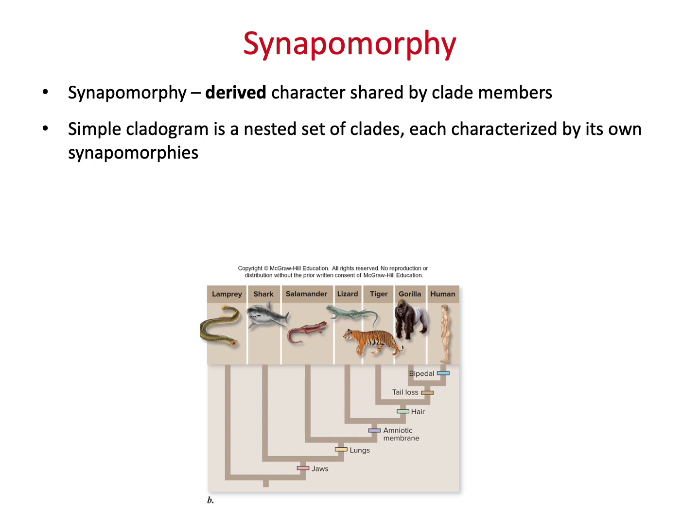So this character, amniotic membrane, is shared by tiger, gorilla, and humans, and that is called a synapomorphy of that clade. You can take another example. You can see hair, which is here, is shared by tigers, gorillas, and humans. So all of these have hair as a synapomorphy of this clade. All of these have amniotic membrane as a synapomorphy of this clade.